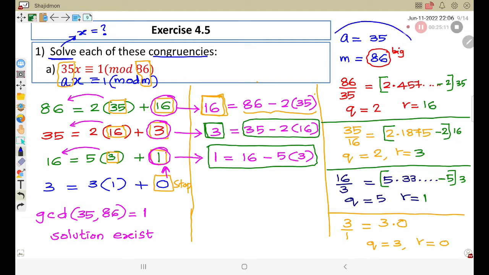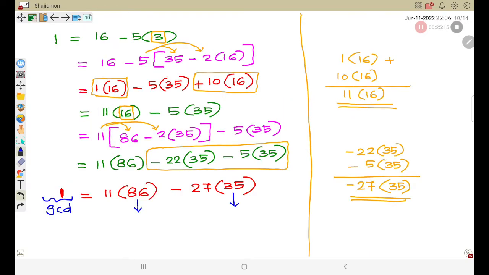Here we wrote A number is 35, M number is 86. So this is the M number, this is the A number. Always it will be like this: on the left side always the GCD number, on the right side the M number and A number. It need not be in order. Sometimes A comes first, M comes second, no problem. Anyway, M and A should be there inside the bracket.